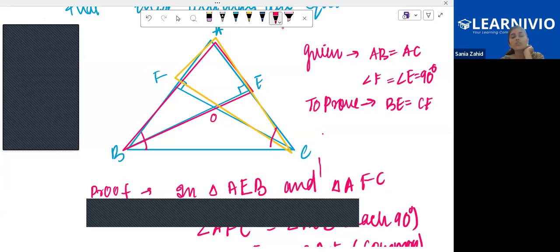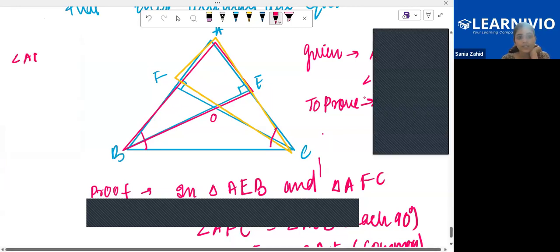No, Afsheen. What you're trying to say is we have angle ABC is equal to angle ACB, right? And now you want this particular angle and this particular angle to be equal, so you're saying that if you remove this part and this part from both of these, they will be equal.